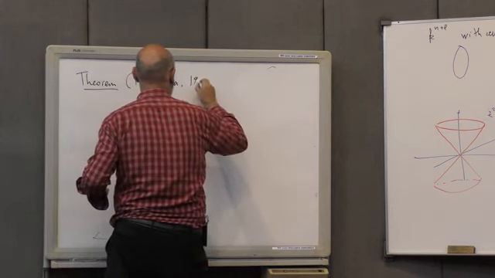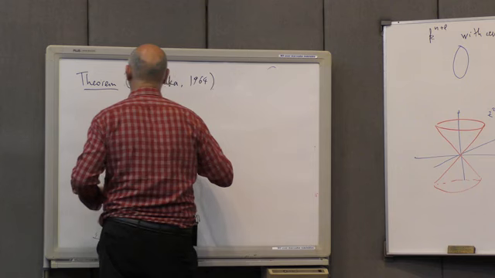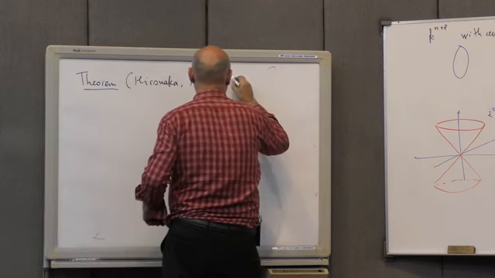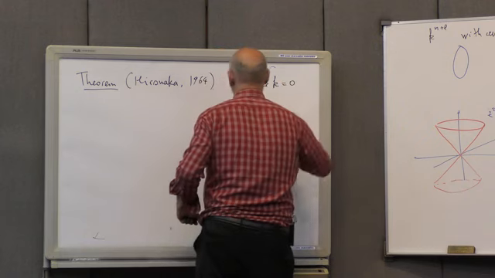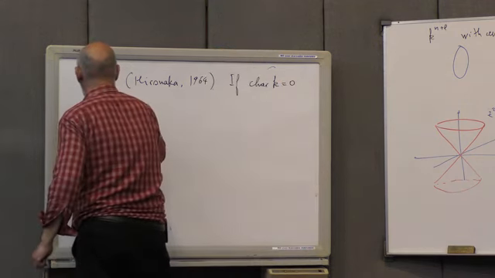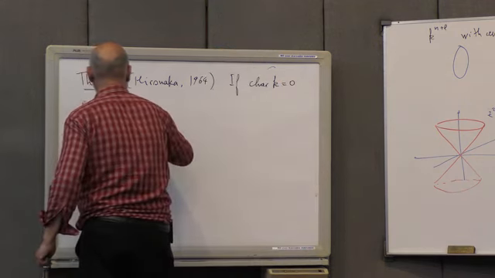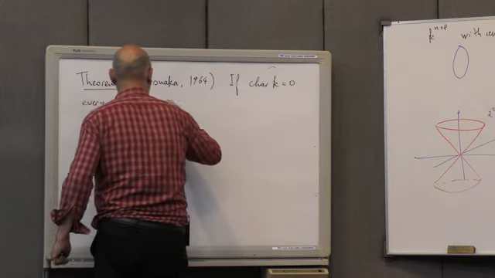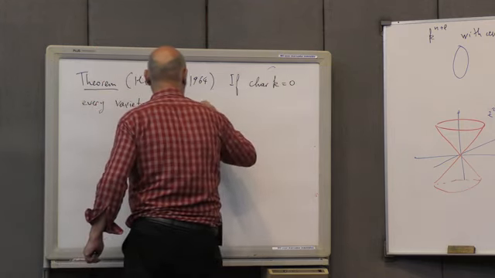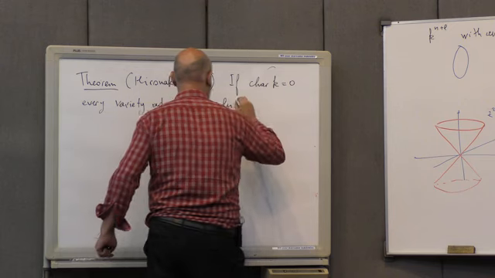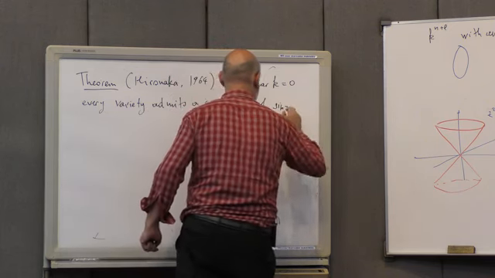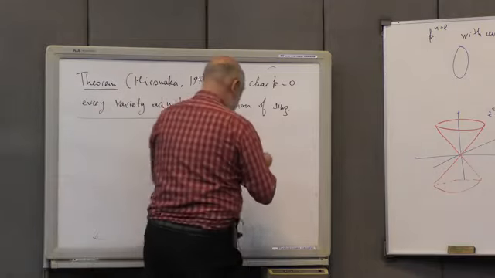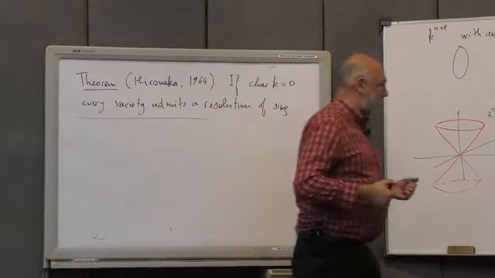I think the official year is 1964. In the case of characteristic 0, every variety admits a resolution of singularities. In fact, his theorem is a little bit stronger than that. I won't write it down, but there's something you can say.